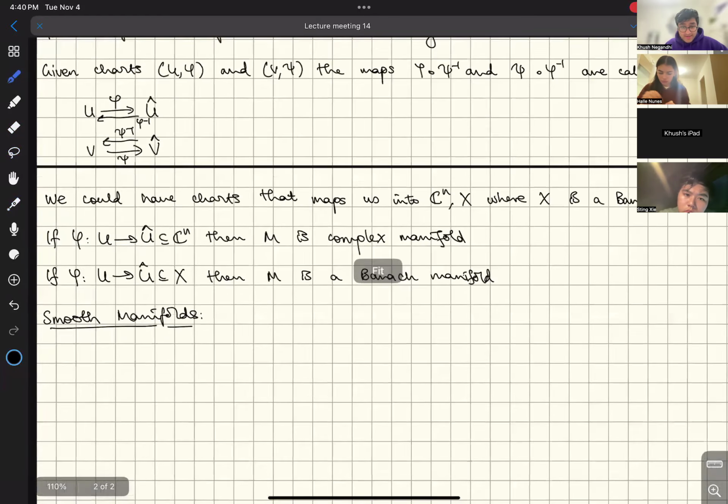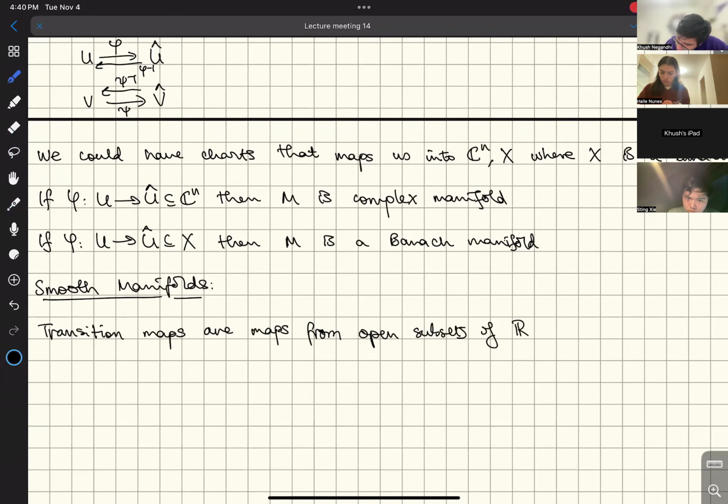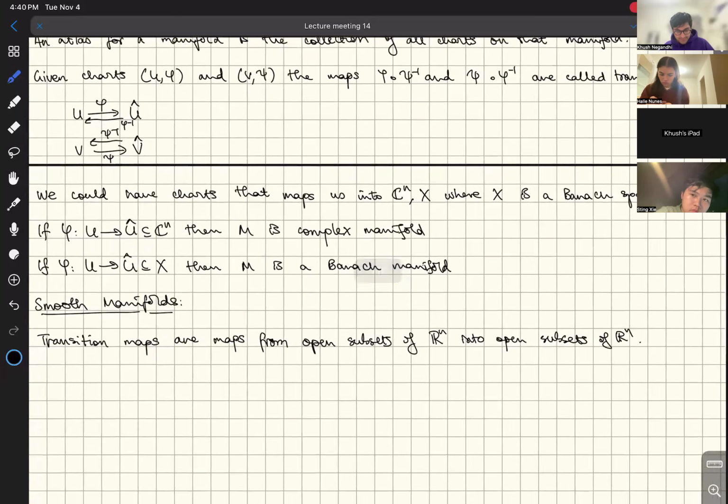So if you look at it, transition maps go from open subsets of Rn into open subsets of Rn, right? Transition maps are maps from open subsets of Rn to Rn.